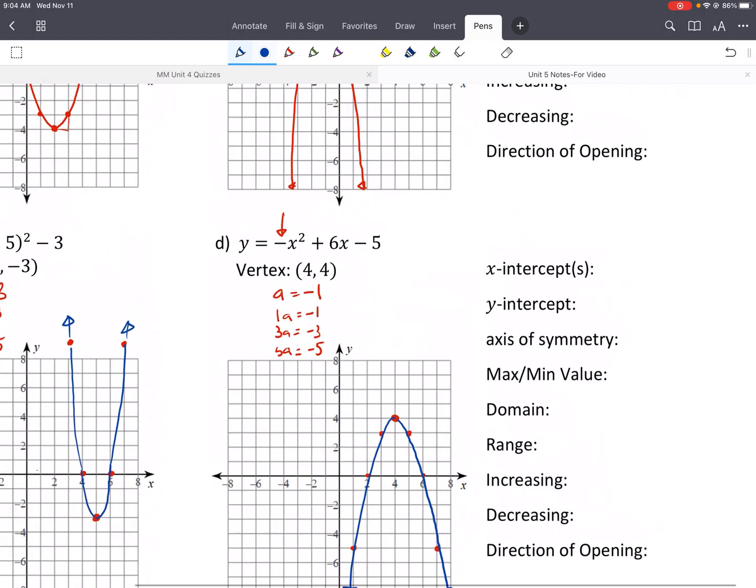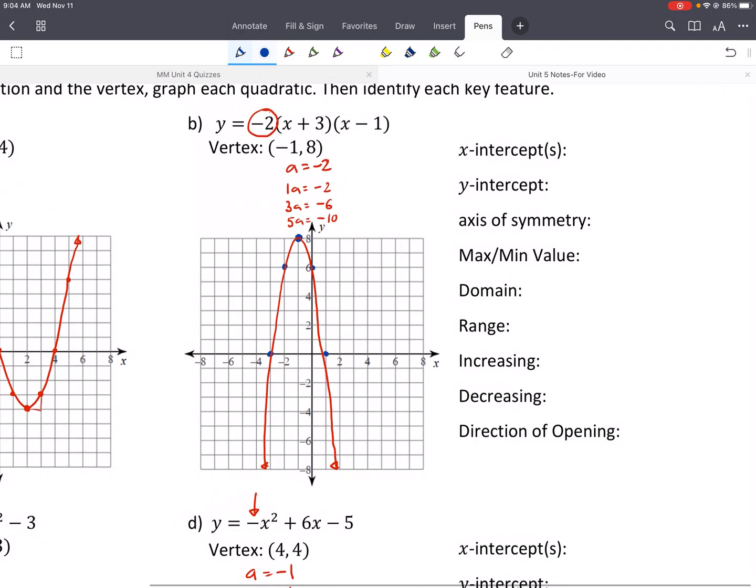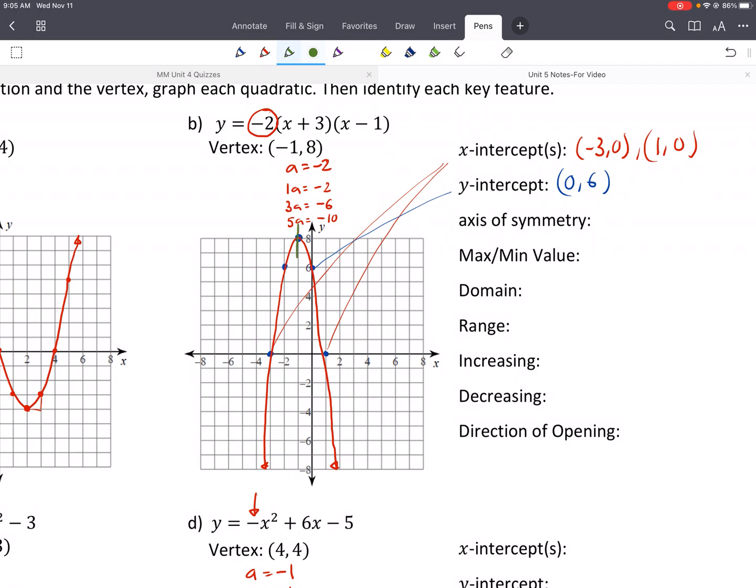All right, so let's do some of these key features to make sure we have practice on that so we don't forget. All right, so these would be our x-intercepts. So we would have negative 3, 0, and 1, 0. Y-intercept, here is where it crosses the y-axis. That would be 0, 6. The axis of symmetry is this vertical line that cuts the parabola equally in half.